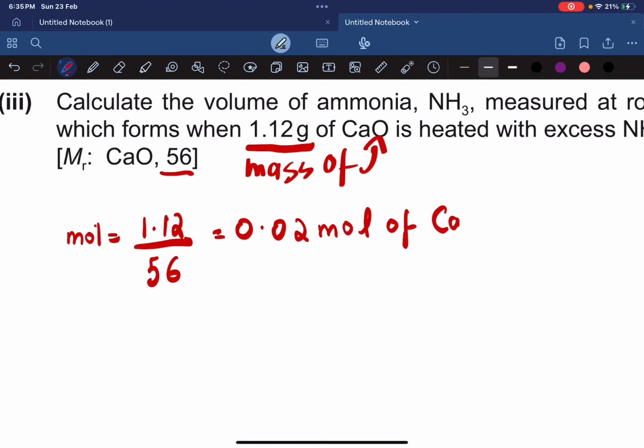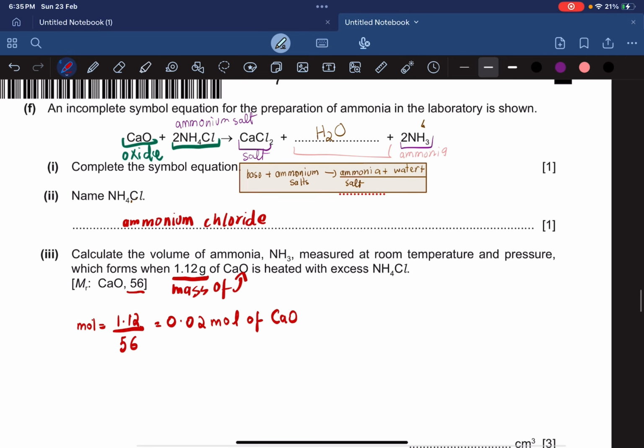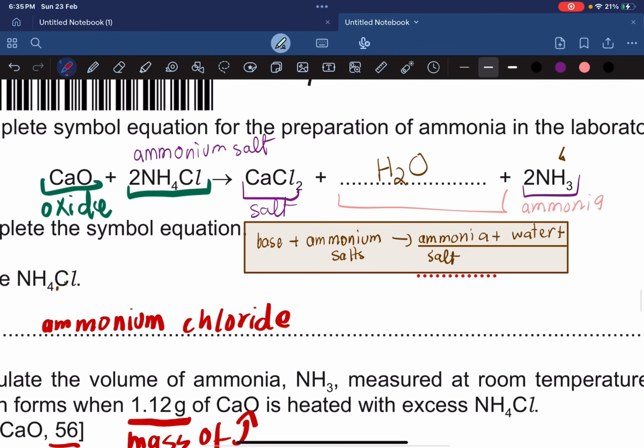Okay, now look at the equation carefully. This is a balanced equation. In a balanced equation, we can see that 1 mole of calcium oxide is going to form 2 moles of ammonia gas. I'm going to repeat it. What I said was 1 mole of calcium oxide will form 2 moles of ammonia gas. How do I know?